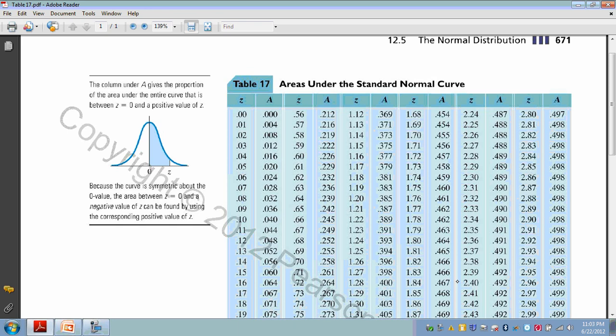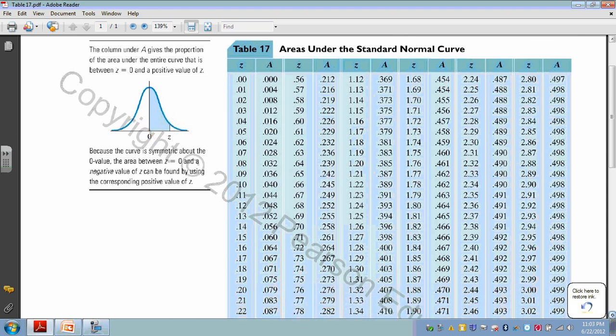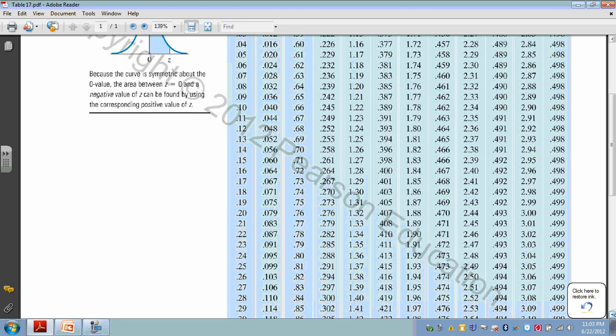What I want you to notice here is that this table is based on z-scores. So 0 is the middle of the table. 50% of our data is going to fall to the right of that mean, and 50% of our data is going to fall to the left of the mean. Remember we've said that you're not going to have any values beyond that third standard deviation.